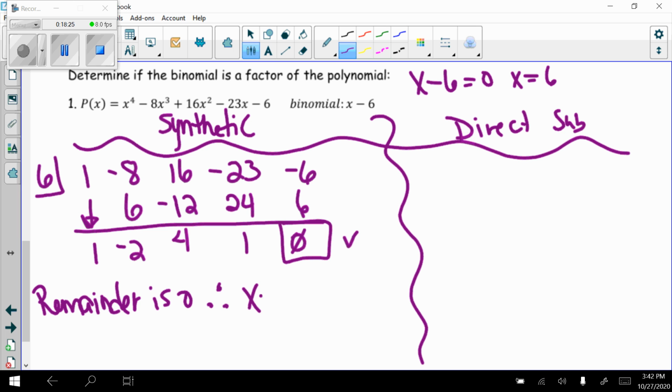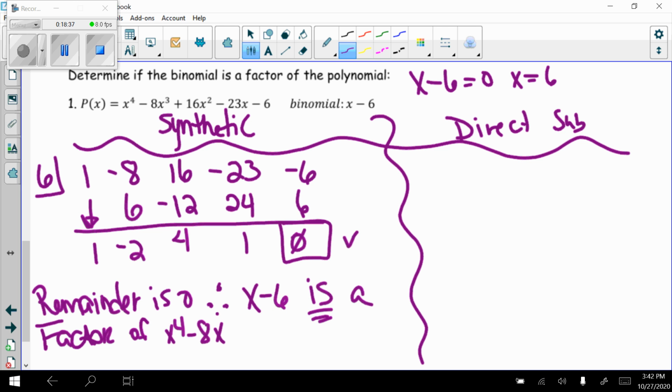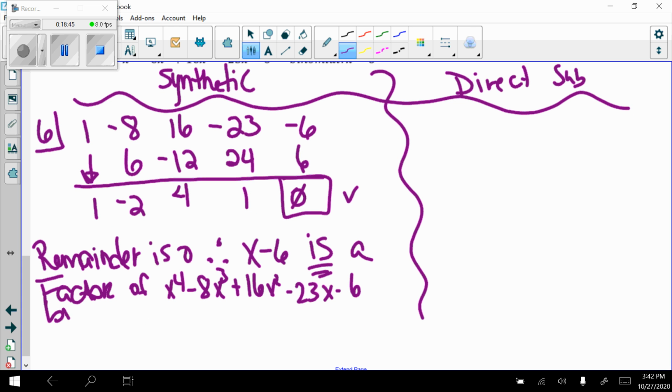Therefore, x minus 6 is a factor of x to the 4th minus 8x cubed plus 16x squared minus 23x minus 6 by the factor theorem.